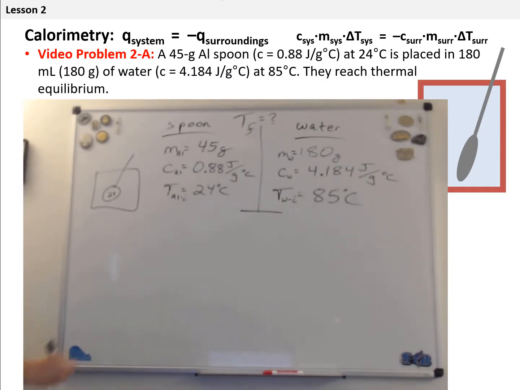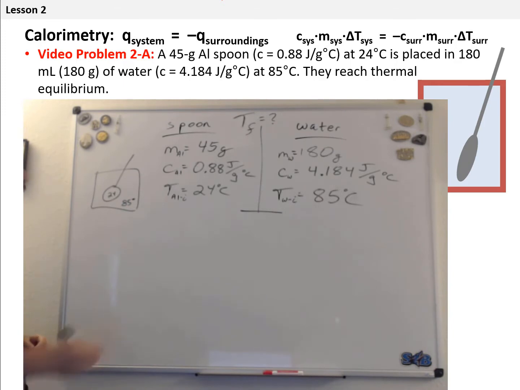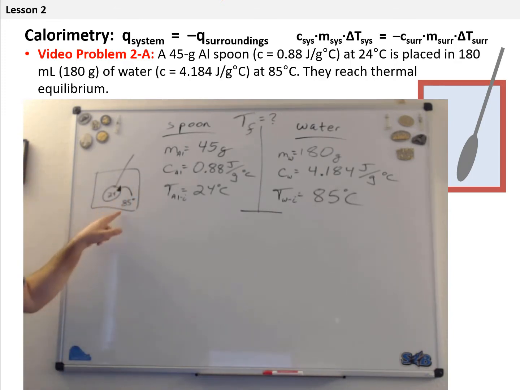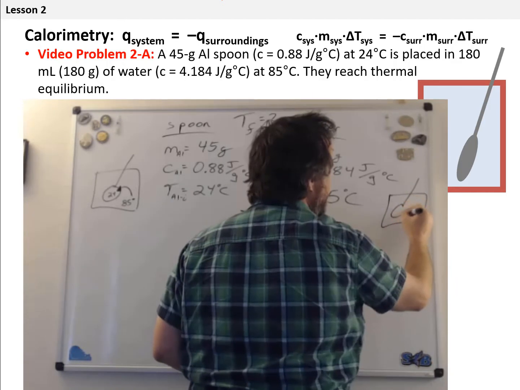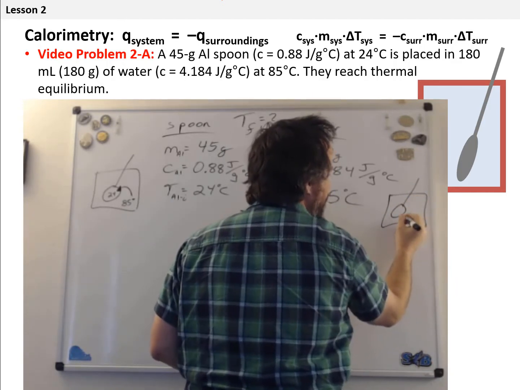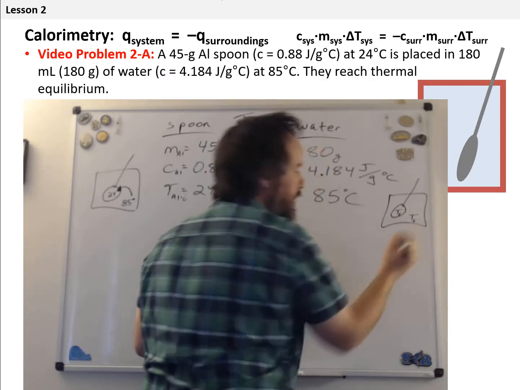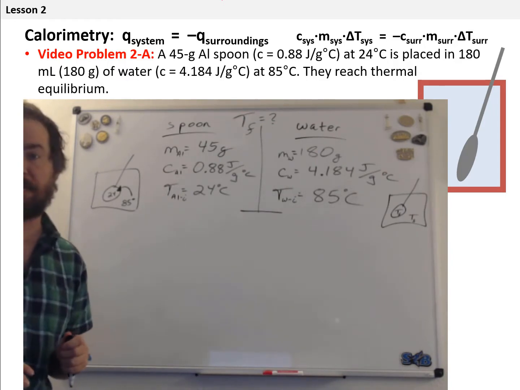I put my spoon in there at 24 degrees, my water is at 85 degrees, so heat's going to go from the water to the spoon. At the end, I don't know what the temperature is going to be yet, but it's going to be the same. That's thermal equilibrium.